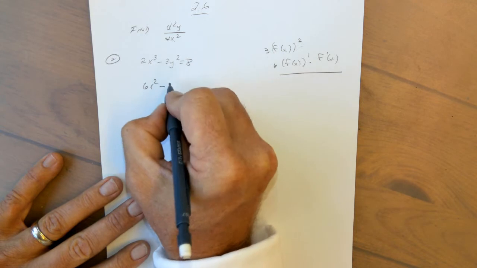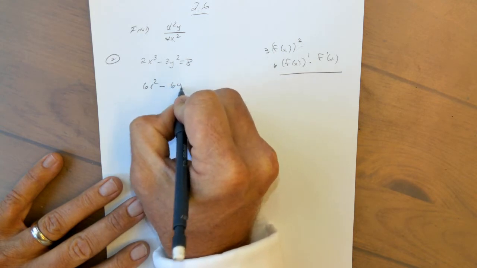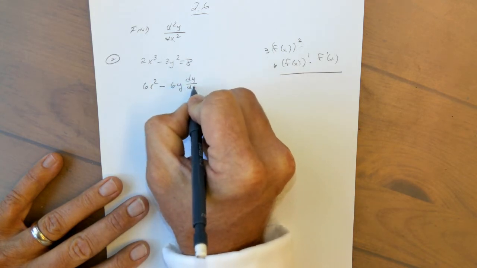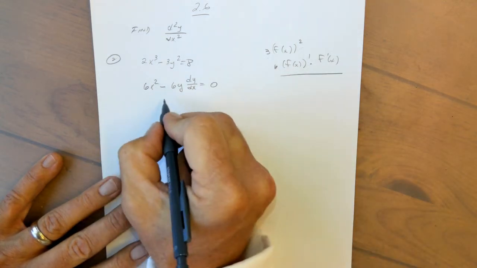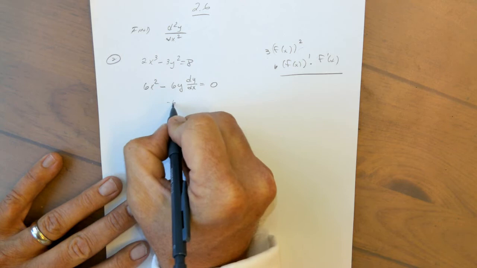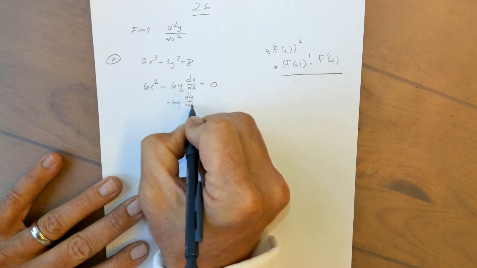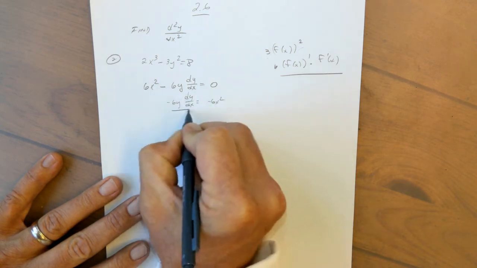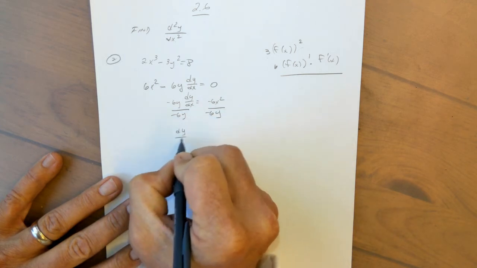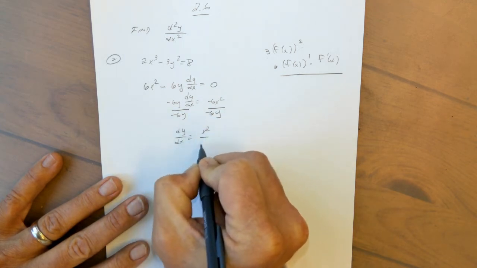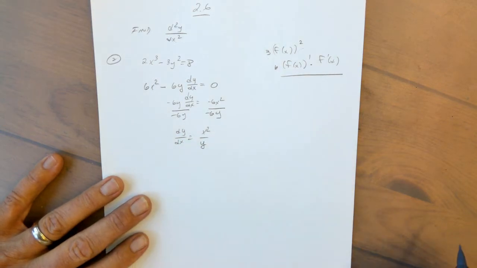So applying that here, we would have 6y dy/dx, and again, the derivative of a constant is 0. So we'll subtract 6x squared from both sides, divide by the negative 6y, and dy/dx is equal to x squared over y. So there's our first derivative.